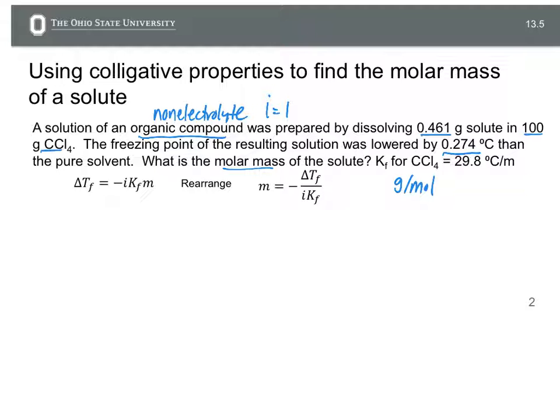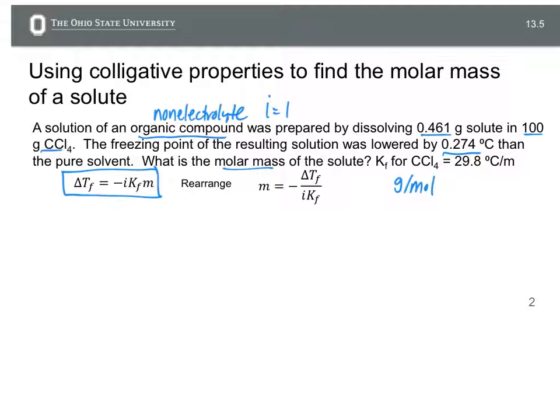Okay. We're going to use our freezing point depression equation. We're talking about lowering the freezing point. And so that's given here, delta T_F equals minus i times K_F times the molality. And I also did give you the K_F here in the problem. If we rearrange this equation, we'll end up with the second one there, where we're solving for the molality.